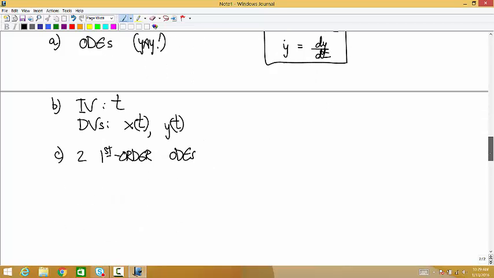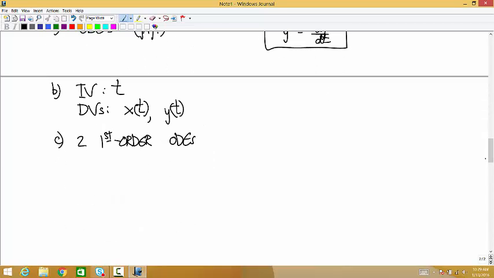That's how you would describe that. And so based on that, what do we need for boundary conditions? That's right. We need one for each first order differential equation. So we need two boundary conditions.